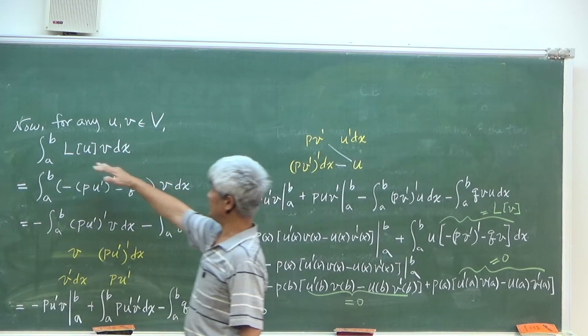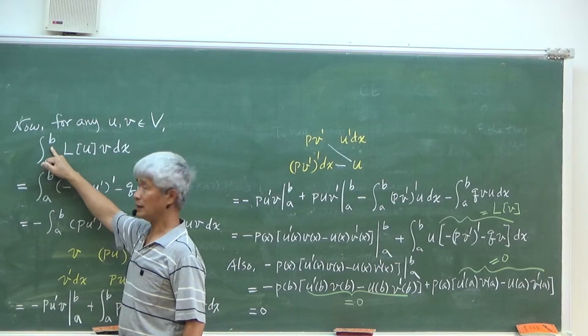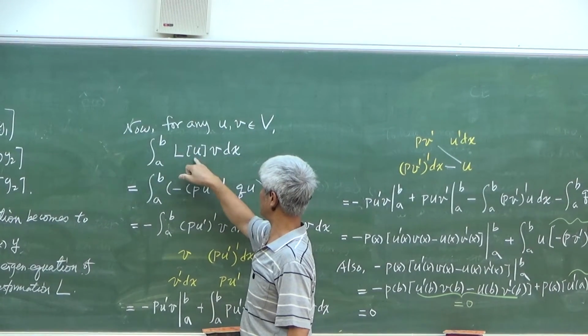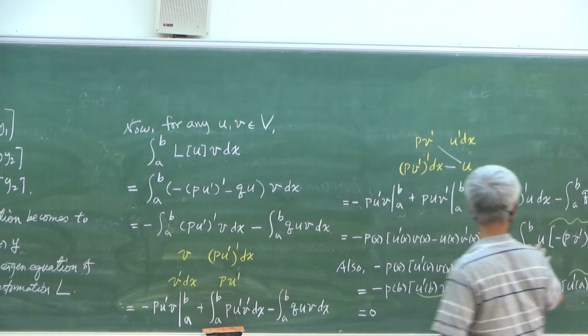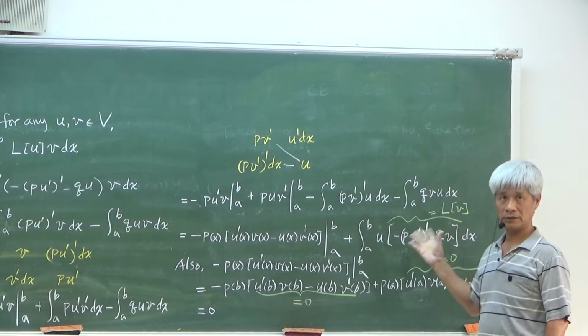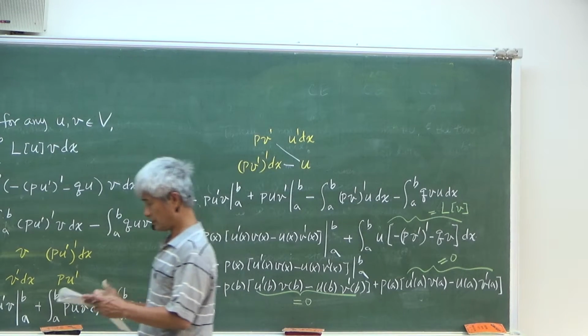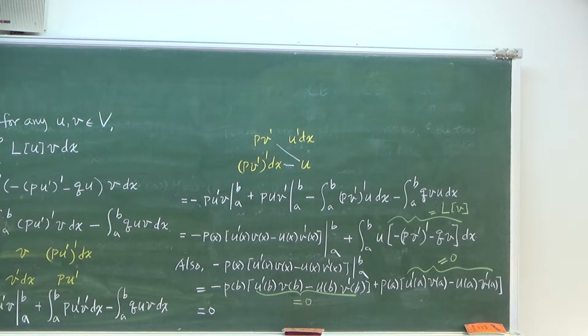So we start with the integral of the product of LU and V. We end up with an integral of U and LV. All right, so we prove an important theorem here.